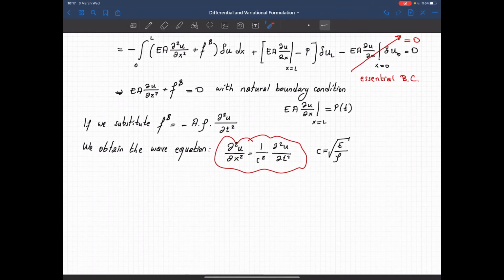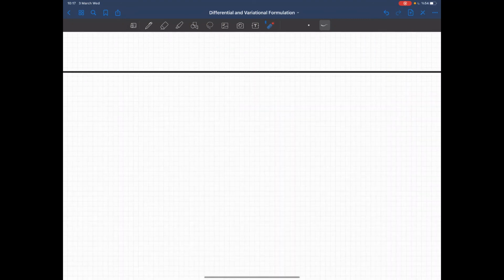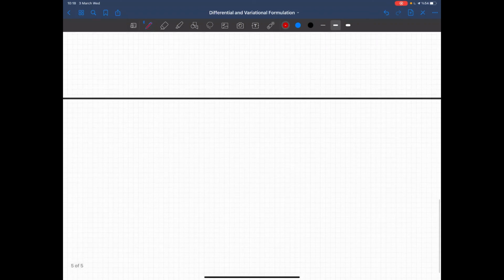Now, as a final step, if you think about it, we already obtained the solution of a total potential energy functional, right?